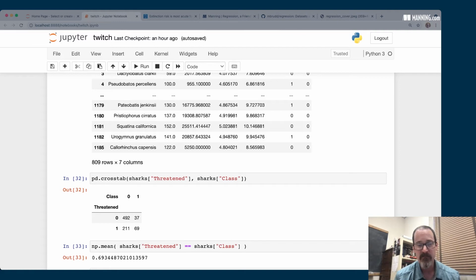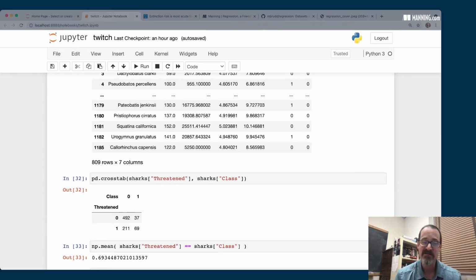So this model misses a lot of fish, and in fact, the classifier says that 211 of the fish that are actually threatened are not threatened. This is a good example of when, with logistic models, you often talk about whether sensitivity or specificity is more important. What's worse, a false positive or a false negative?